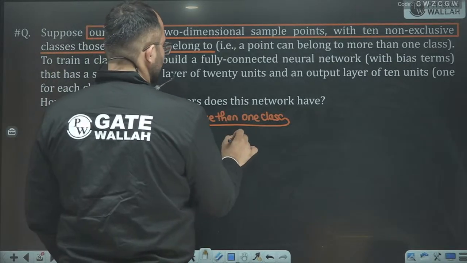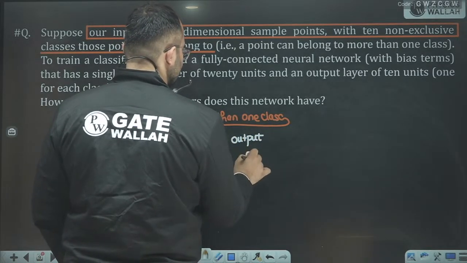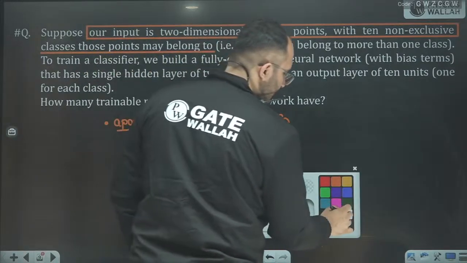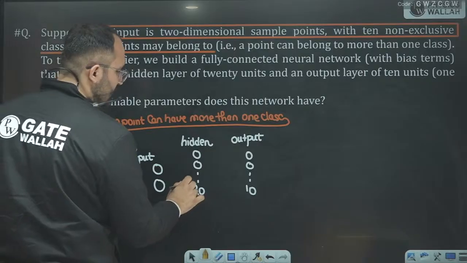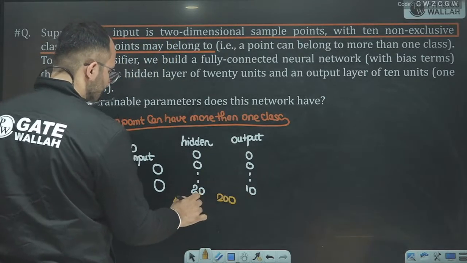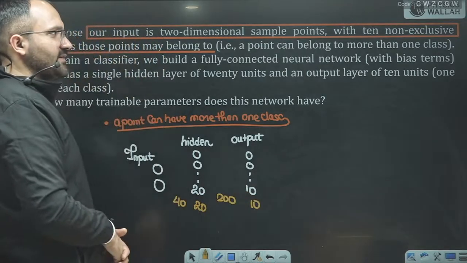And at the output layer, how many neurons are there? 10. Now they are fully connected. Means how many connections will be there? There will be 40 connections here, and here we will have 200 connections. We will have 20 extra bias and 10 extra bias.